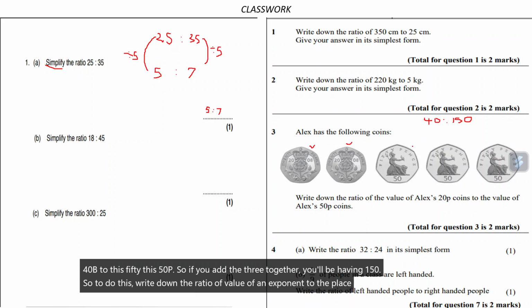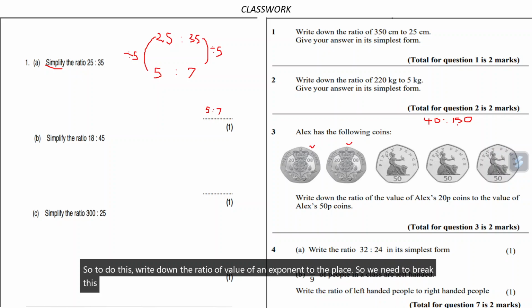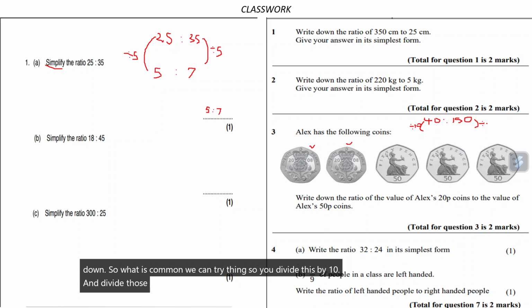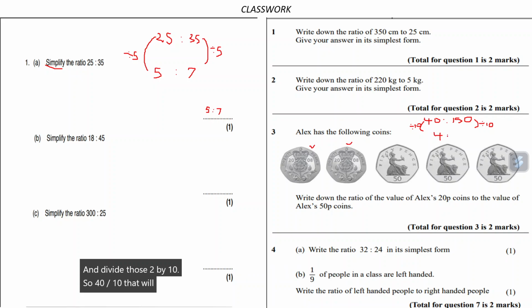We need to break this down. What is common? We can try 10. You divide this by 10 and you divide this other one by 10. 40 divided by 10 will be 4, and 150 divided by 10 will be 15. So that's the answer. Let's move on.